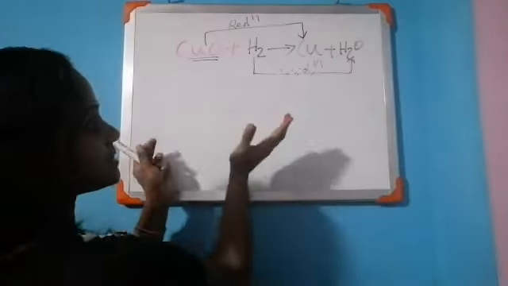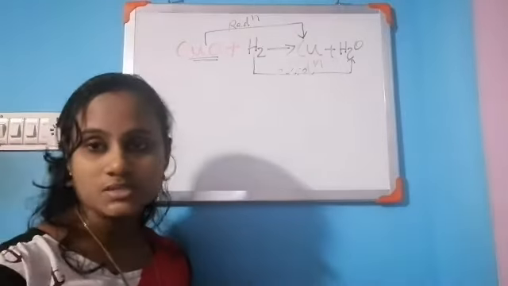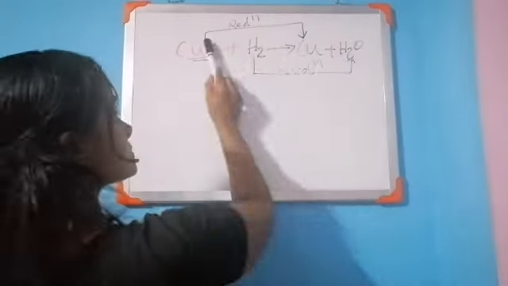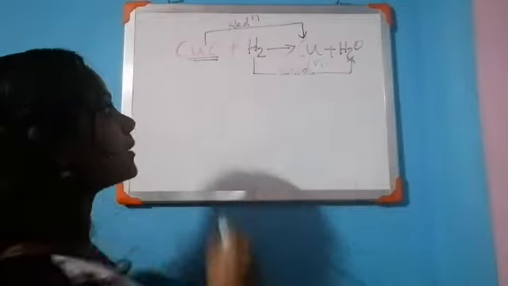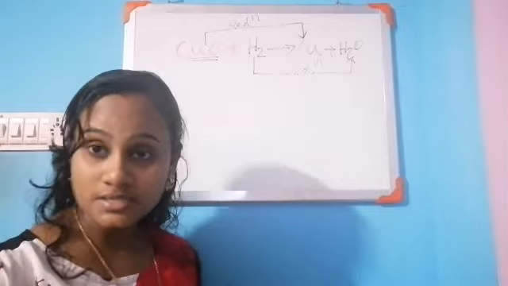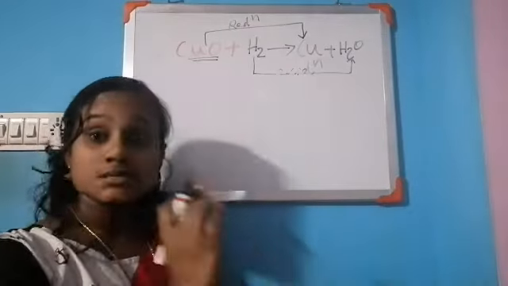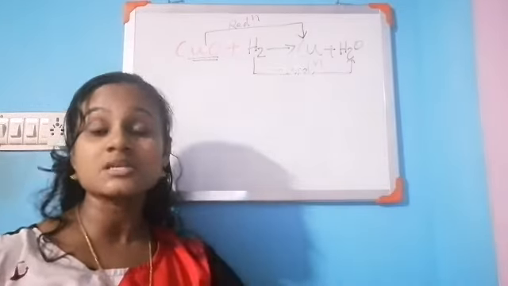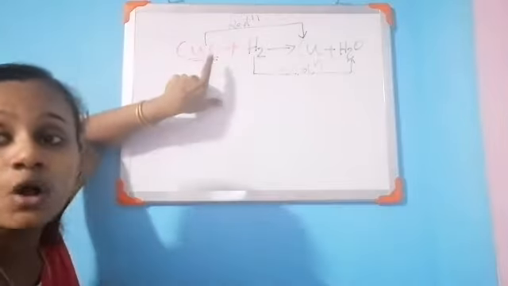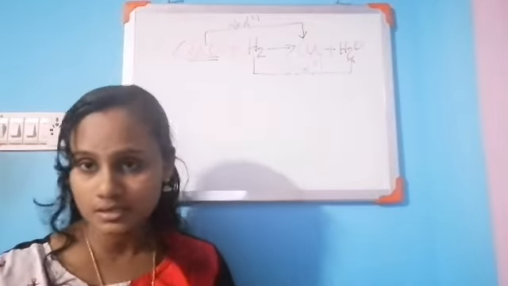From this equation, which one is the oxidizing agent and which one is the reducing agent? Where reduction happened, copper oxide was reduced to copper. So copper oxide is the oxidizing agent. How can we prove that? Which substance supplies oxygen? Copper oxide. So copper oxide acts as an oxidizing agent.